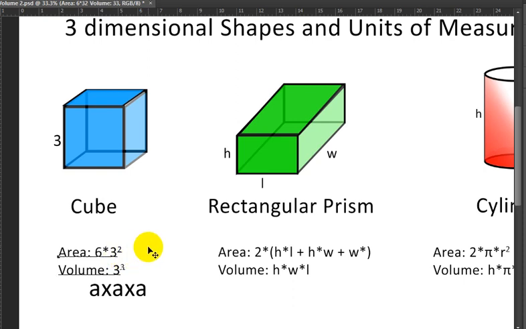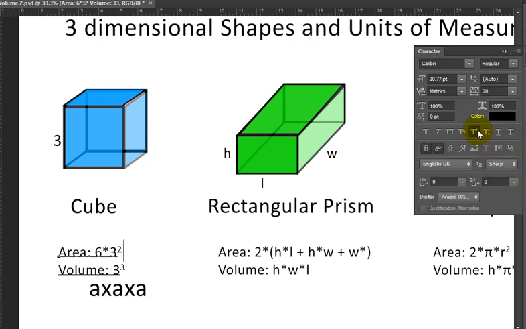So the area would be 6 times 3 squared, which is 3 times 3, so 9. So 6 times 9, which makes 54. That's the area. And the volume would be 3 cubed.